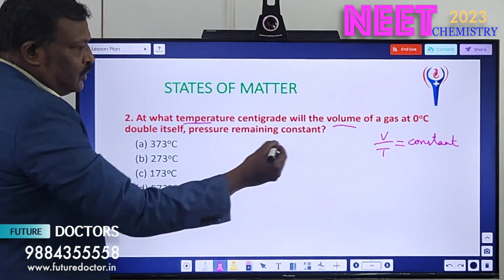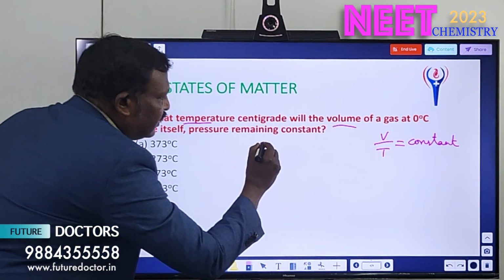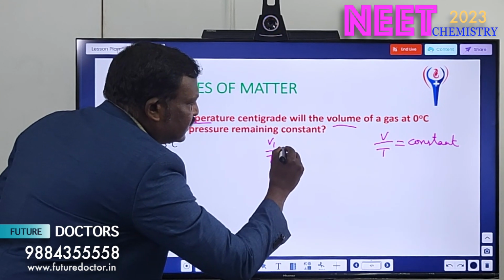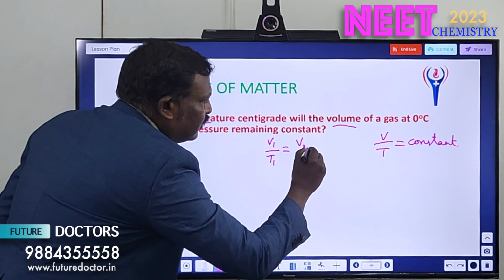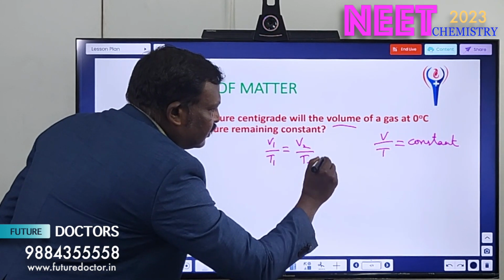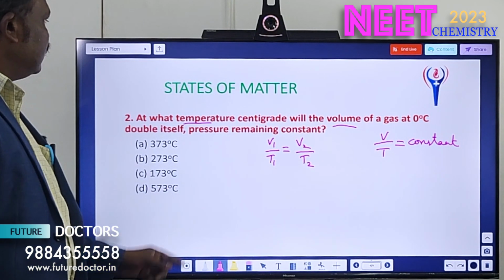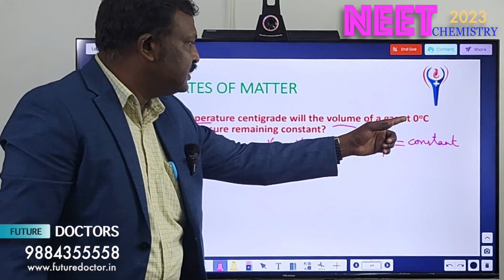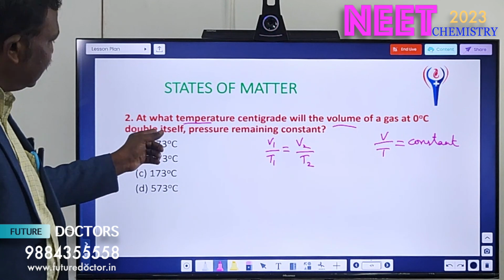So if you have 2 or 3 variables, we can write outright V1 by T1 is equal to V2 by T2. Understood? Okay. Now see the question. At what temperature centigrade will the volume of a gas at 0 degrees be double itself?